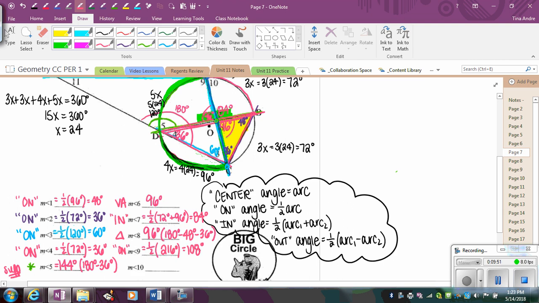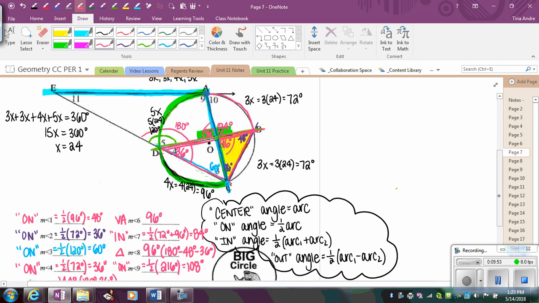So this one's 108. And then you might be thinking, okay, well, these two angles, 9 and 10, have to be supplementary because they form a straight line. But just to show you again, this is a tangent and a chord angle. It's cutting into this entire arc right here. If you covered it up with your index card, you'd see this entire arc being used.